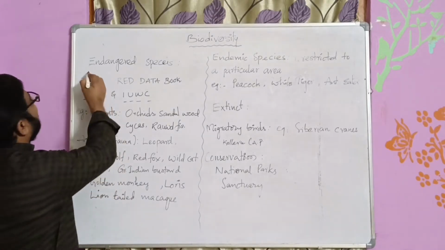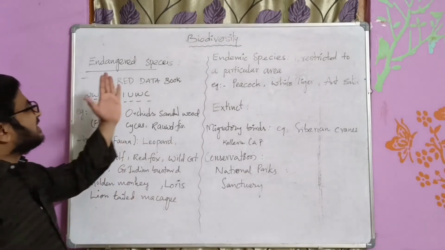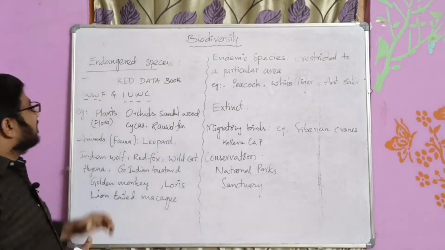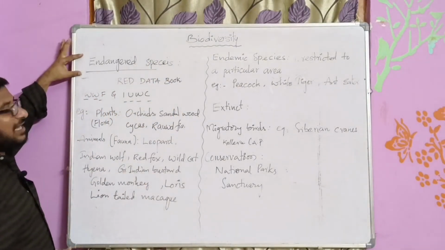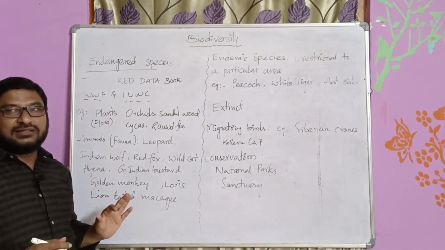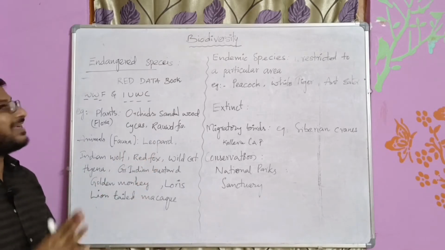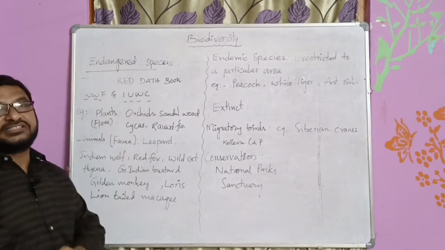That's why in terms we call them endangered species. Endangered species means the organisms, either plants or animals, if they are diminished in their number, they are called endangered species.